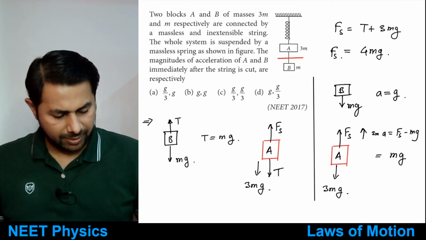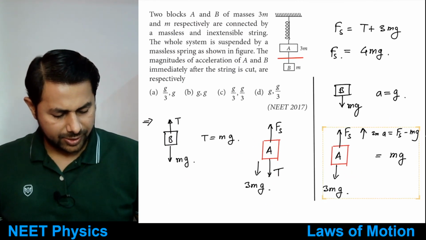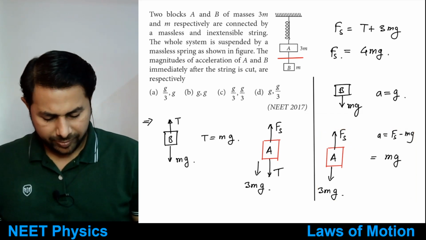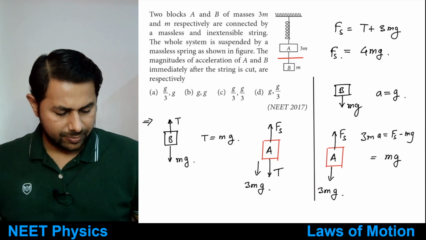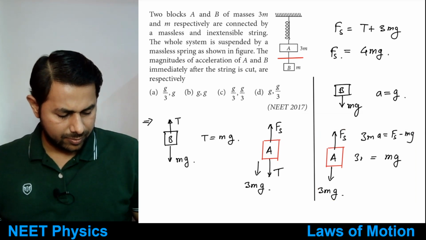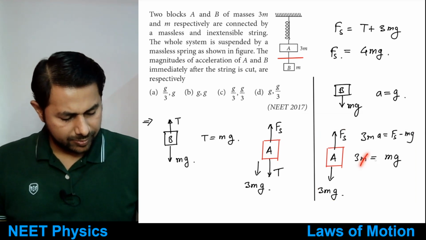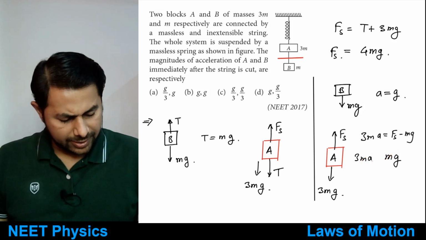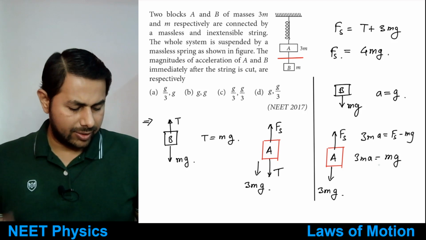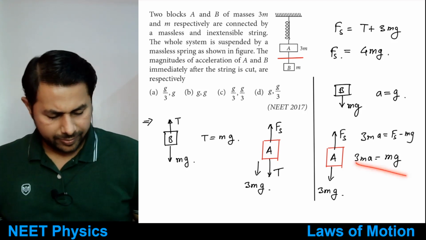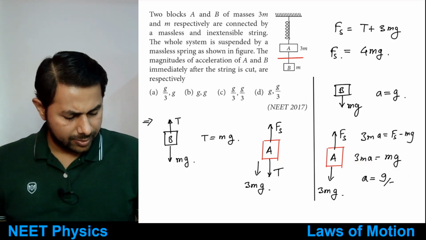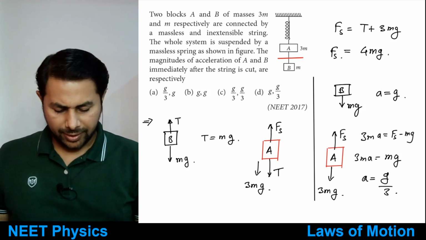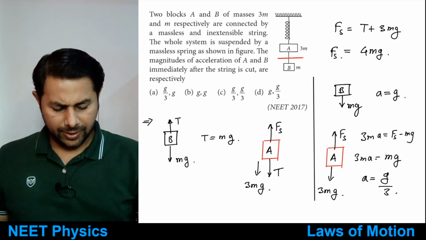So it is 3m times acceleration. 3m times acceleration is equal to mg. The m cancels out, and therefore you get acceleration equal to g by 3. So Bhanu was correct.